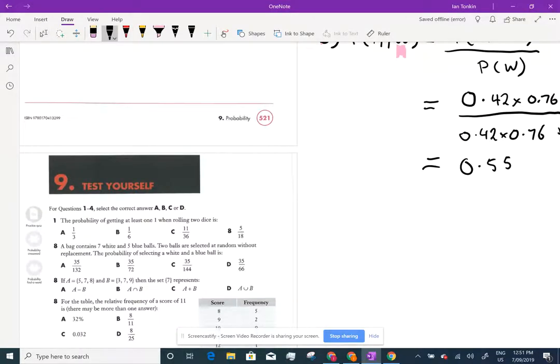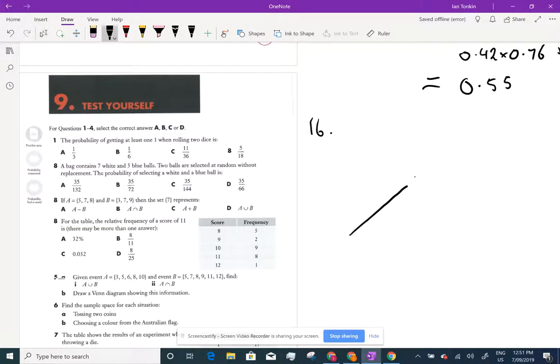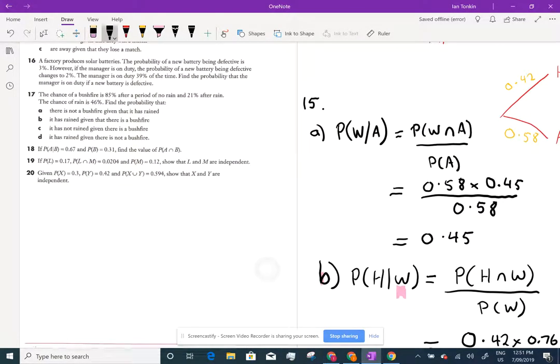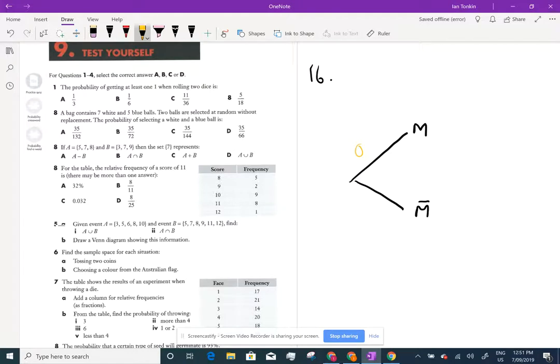Let's go. 16. Let's draw a tree diagram. Either the manager's on duty or the manager's not on duty. And what was the chance of that? Manager's on duty 39% of the time. So 0.39, the manager's there, which means 1 minus 0.39, this is 0.61. Now, the battery will either be defective or not defective.